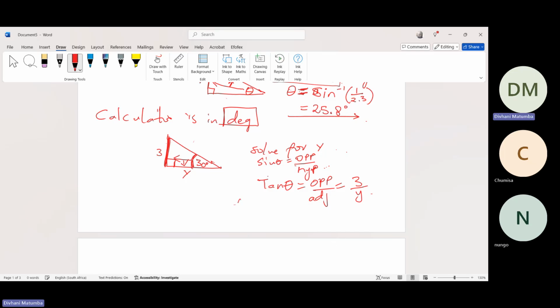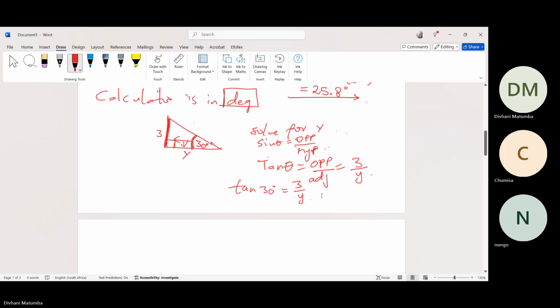Okay, but luckily we know the value of tan. So this is tan 30 is given by 3 over y. So, Nungo, how can we solve for the value of y? We can cross multiply. Okay, let's cross multiply. We have y times, this is over 1.